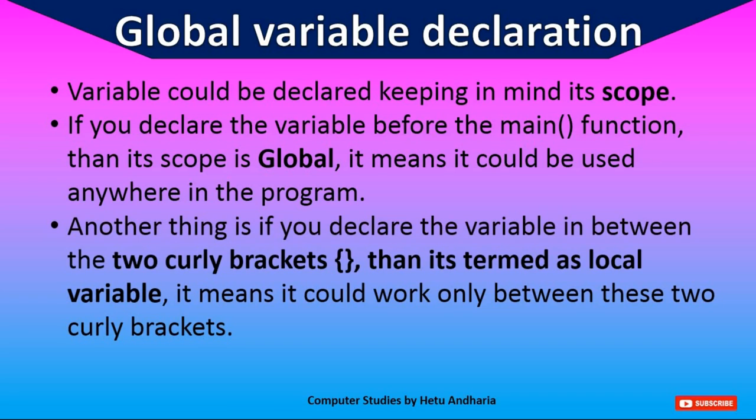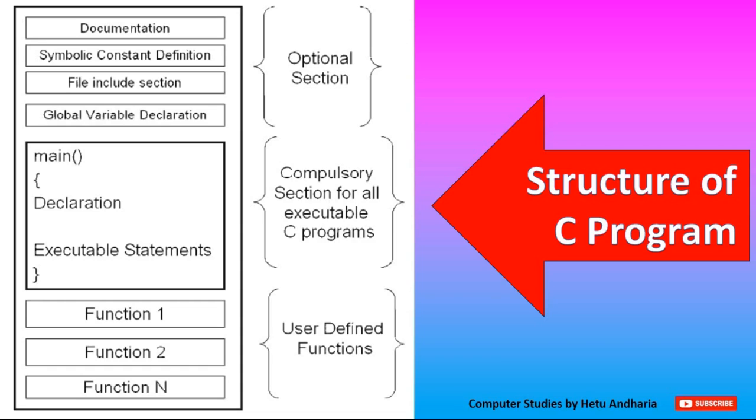But another type is if you declare the variable in between the two curly brackets, that is after main, then it is termed as the local variable, like the rickshaw that takes you around only inside the city. It means it could work only between the two curly brackets. In the whole program anywhere you cannot use it. Nobody will recognize it. It will be recognized only between the two curly brackets, that is local variable.